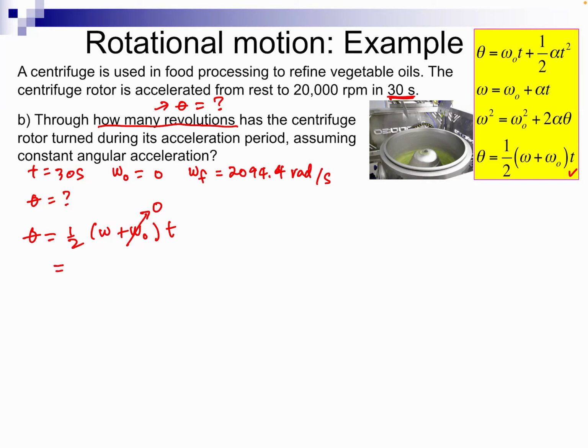So this is just now a direct substitution of everything. 1/2 times 2094.4 radians per second times the time 30 seconds. This should give you a theta of about 5 times 10 to the 3 radians.